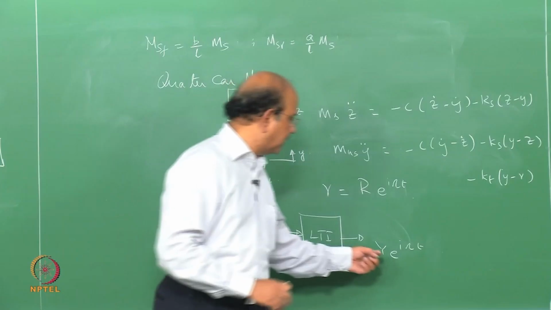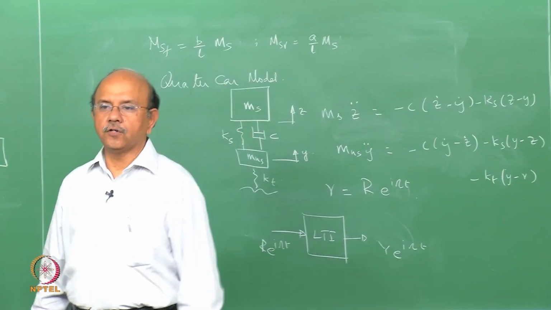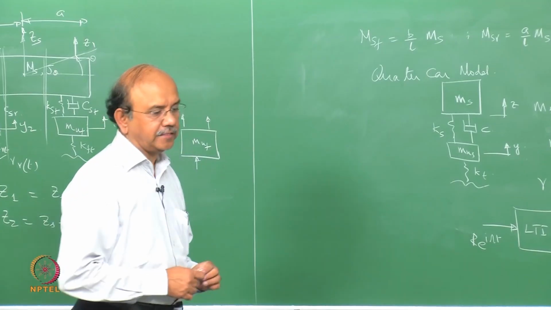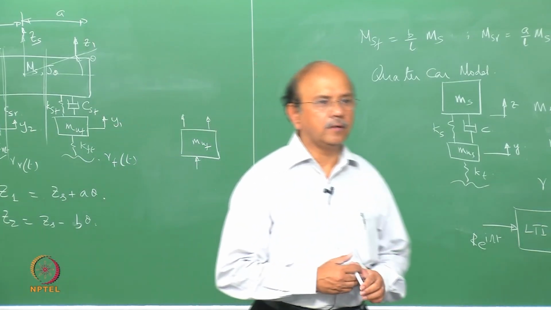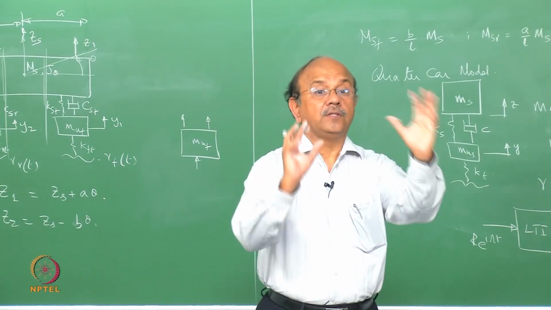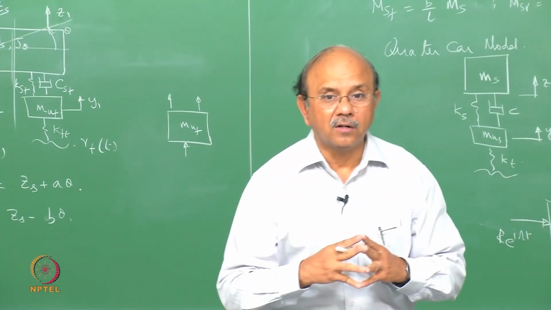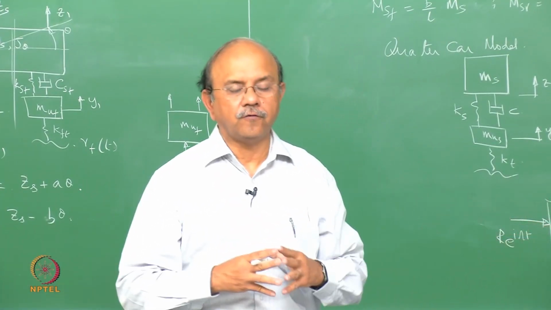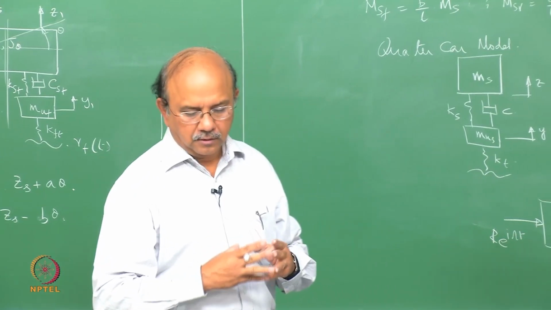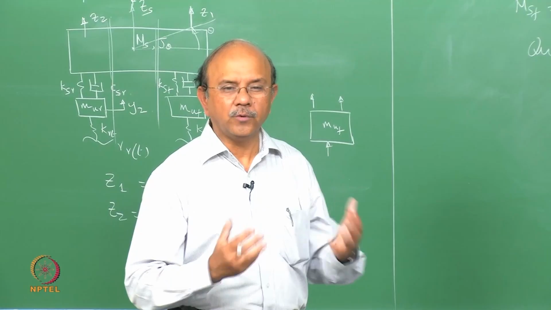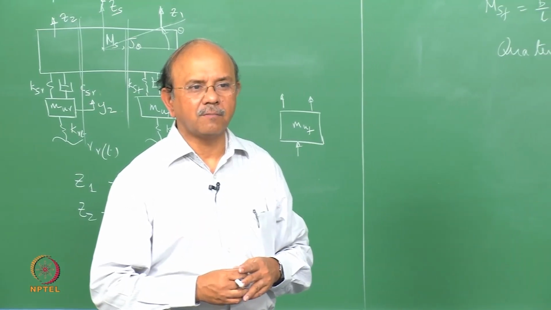So Y is actually a complex function that takes into account the phase as well. Now, why am I doing this, or how do I use this property of linear time invariant systems, that the complex exponential is preserved? How do we use it, or why do we put it like this?